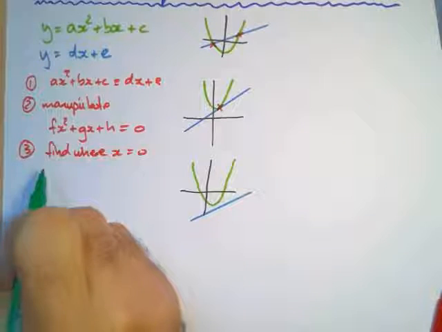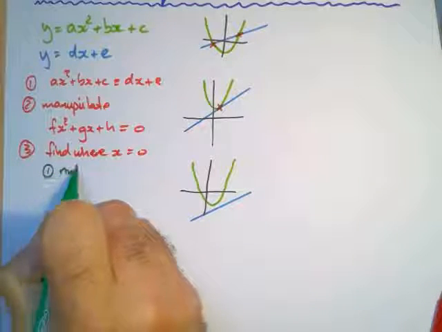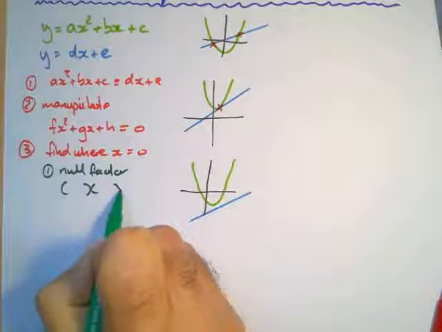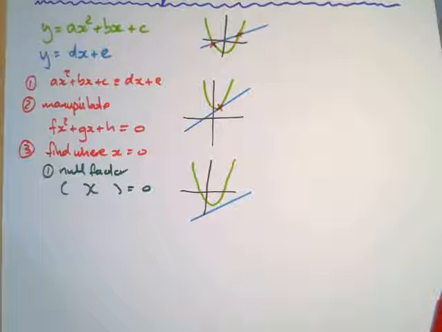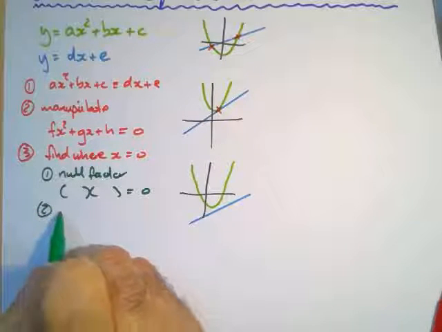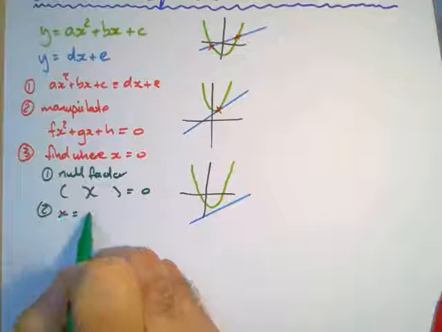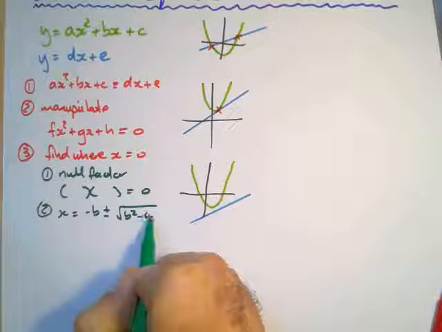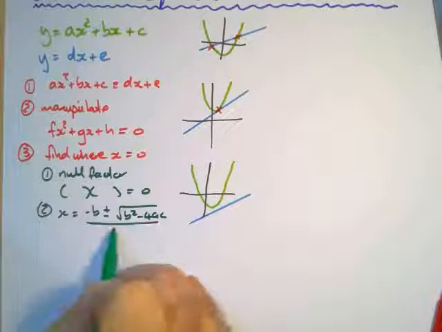How do I do that? First of all is the null factor method, which is two brackets equals 0. If you can't do that, my second choice will be the quadratic formula: x equals minus b plus or minus the square root of b squared minus 4ac, divided by 2a.